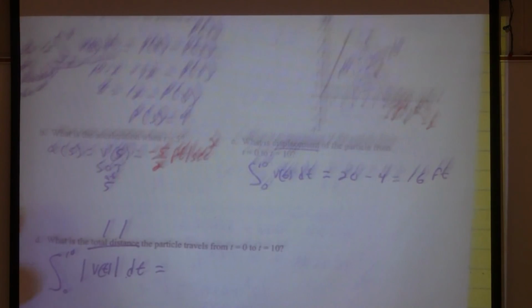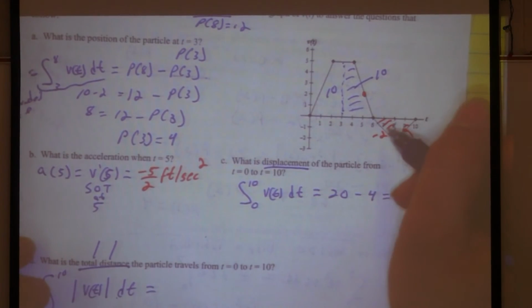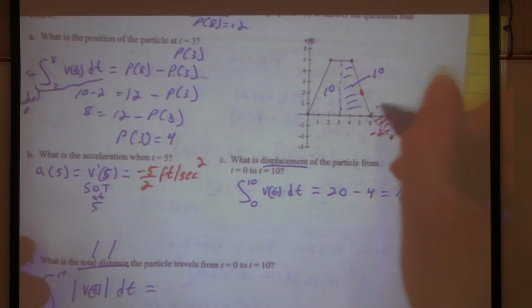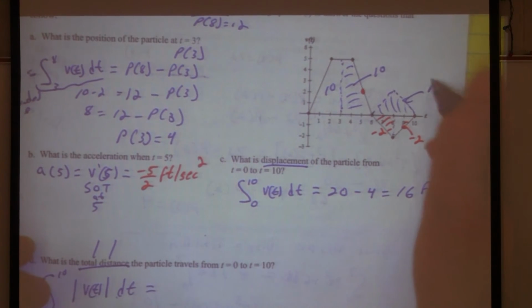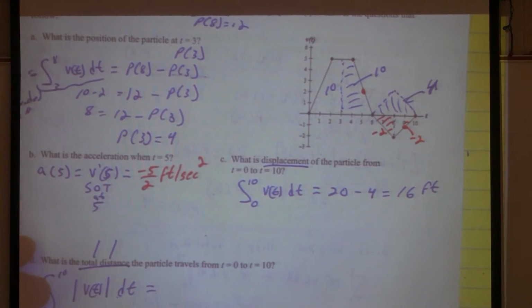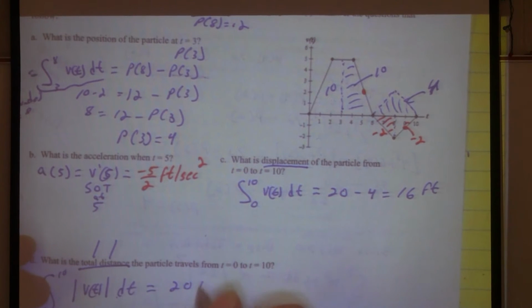So now we're going to imagine that this triangle right here, when I get the absolute value of this graph, that's going to cause that triangle part right there to flip up, right? And now we'll have a bounded space of what? 24. So it'll be 20 plus 4, which equals 24.